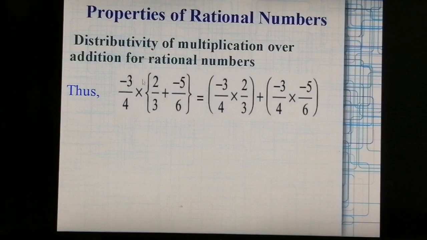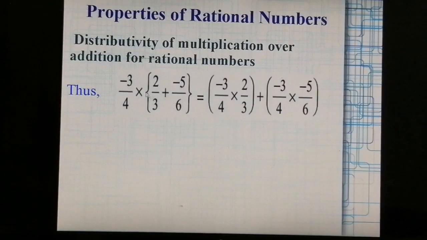Here we can see we have a bracket, outside the bracket is multiplication, inside the bracket is addition, and this rational number -3/4 is distributed to 2/3 here, plus, and this number is multiplied into the second, -3/4 multiplied into -5/6.